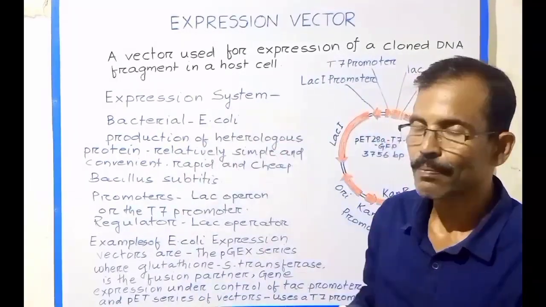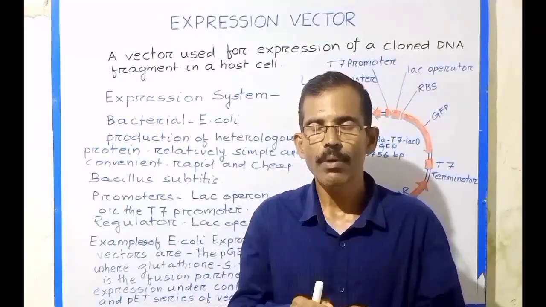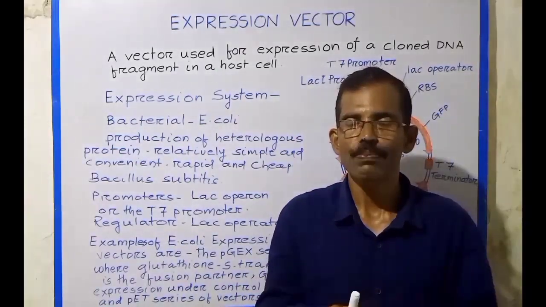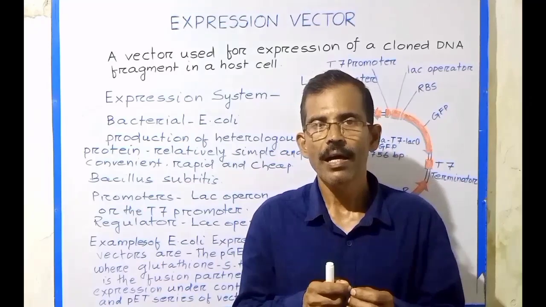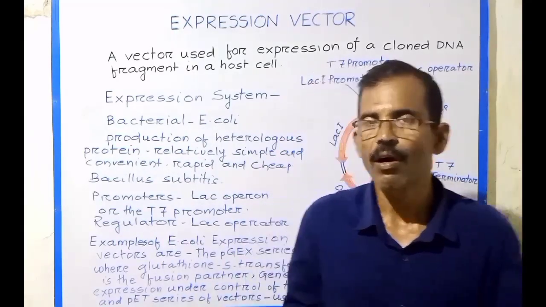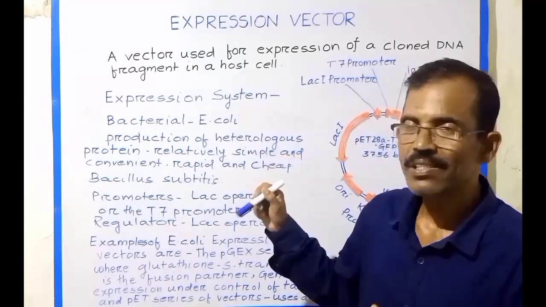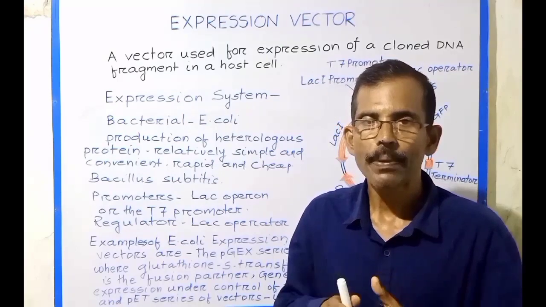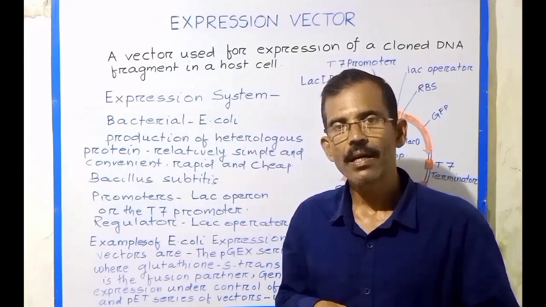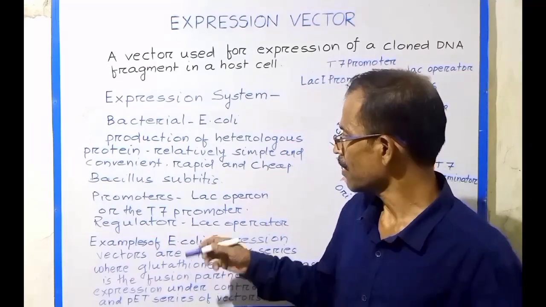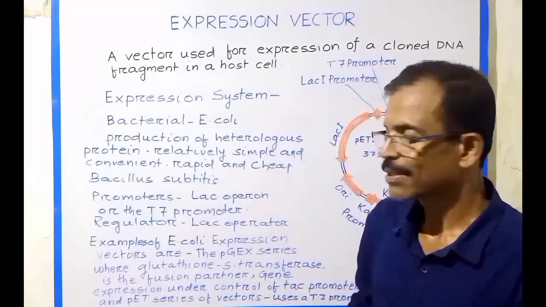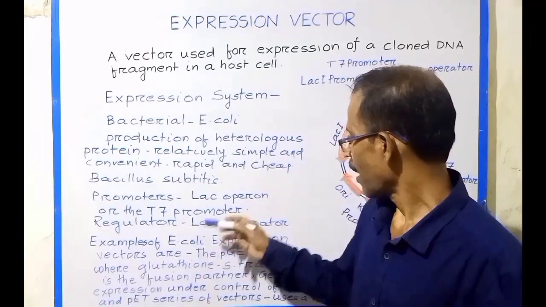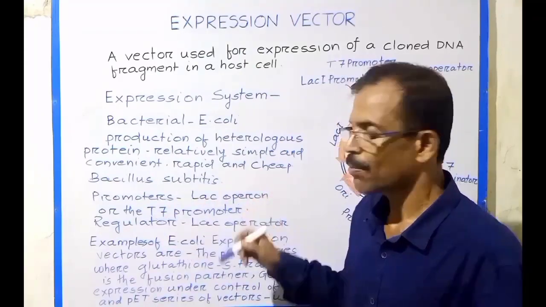First, the bacterial system. E. coli is most commonly used as the host for protein production by using the expression vector. E. coli is useful for production of heterologous protein, which is relatively simple and convenient and also rapid and cheap. Other bacteria that are used for protein production include Bacillus subtilis. These vectors have promoters that are derived from the lac operon or the T7 promoter.